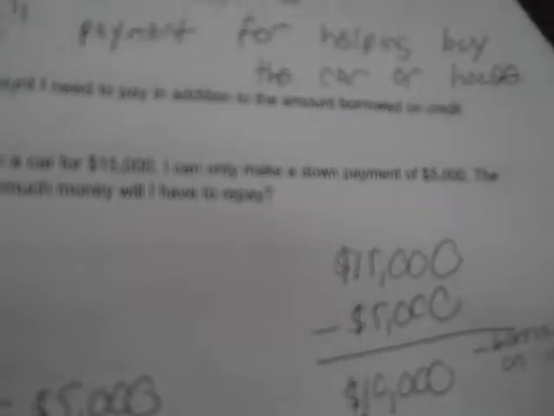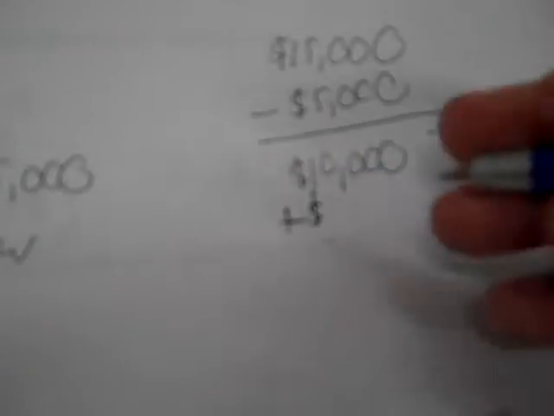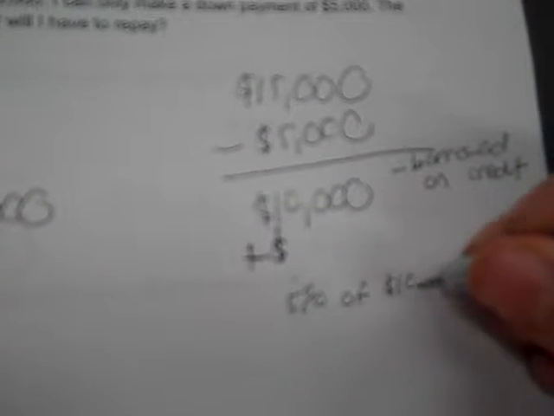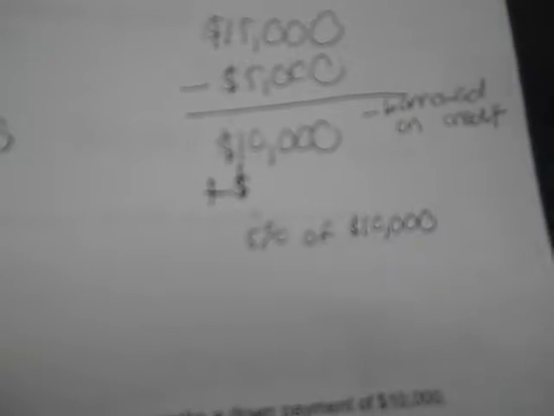Okay, so how much is this thank you amount? Well, all it says is 5%. Well, it's 5% of $10,000. So I have to pay $10,000 and then plus 5% of $10,000.